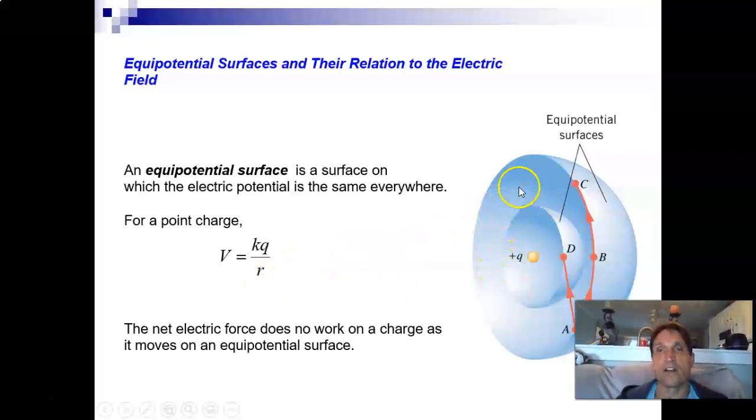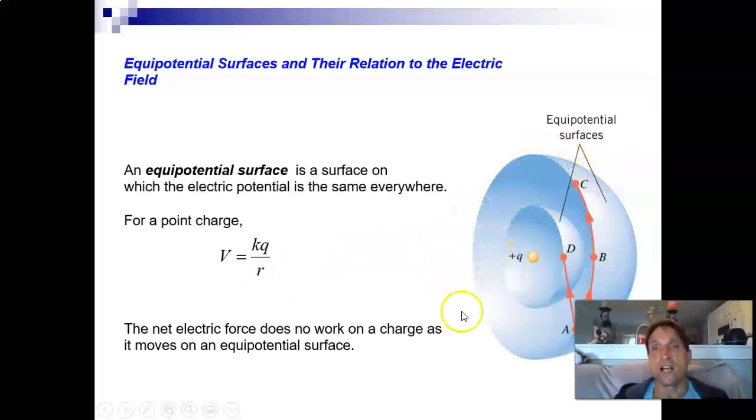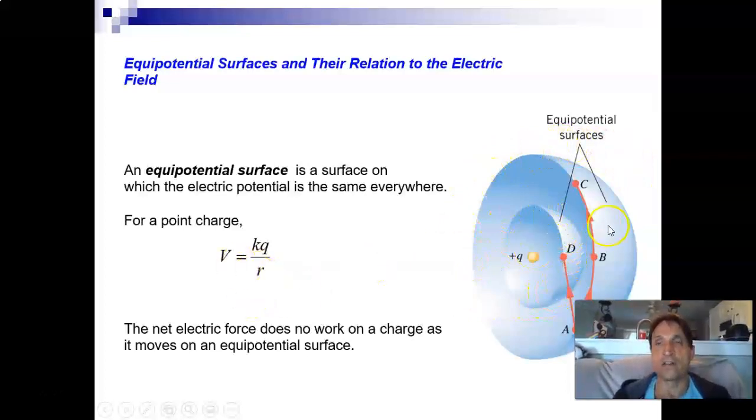Okay? And then you go to a larger r here, and all of the points on this sphere have the same potential, at a lower value than this potential closer, because r is bigger, potential is smaller.